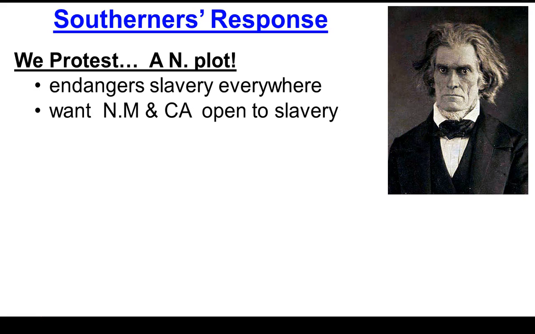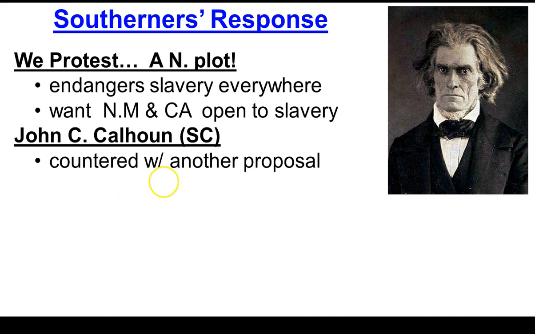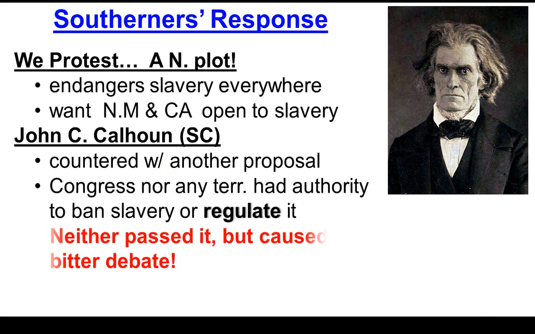This is a plot by Northerners. It endangers slavery anywhere. Any talk of a ban or limit on slavery is opening up the possibility it could be banned or limited anywhere else. And this particular new territory we get, New Mexico, California, needs to be open to slavery. So he counters with another proposal, and that proposal is that Congress nor any territory should ever have any authority to ban or regulate or limit slavery at all in any way.